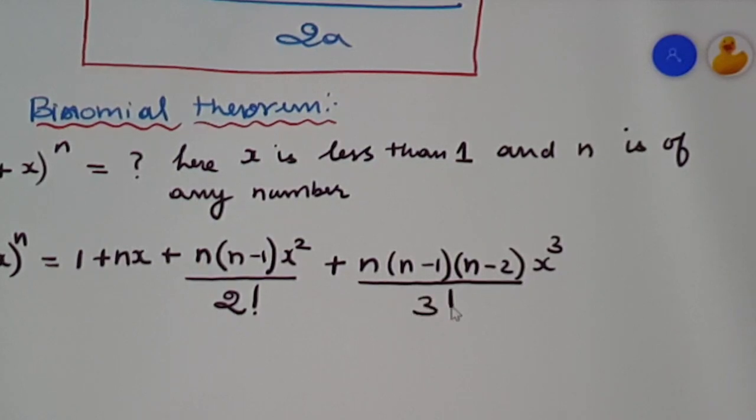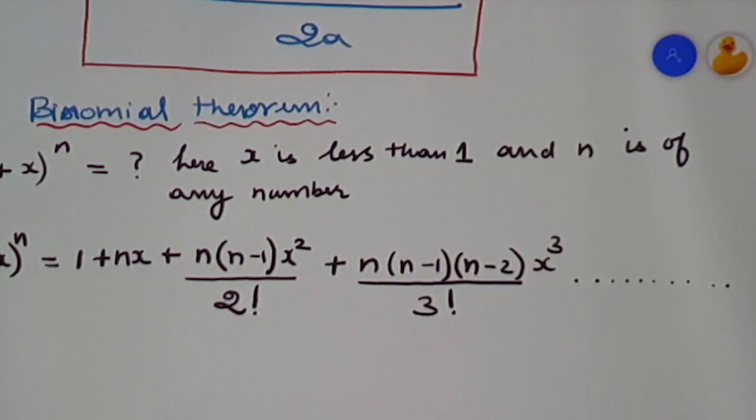Actually, for the first term I have to write 1 factorial. 1 factorial is equal to 1, so I am neglecting that and writing the higher powers. Like this, the terms go on, and finally you can write n into (n minus 1), (n minus 2), (n minus 3), (n minus 4) up to (n minus n), x power n divided by n factorial. Like this it goes on.